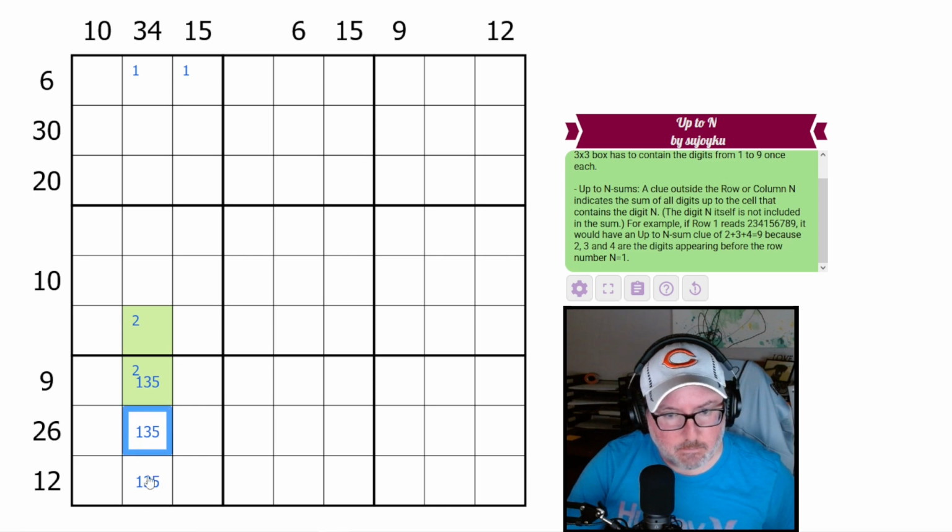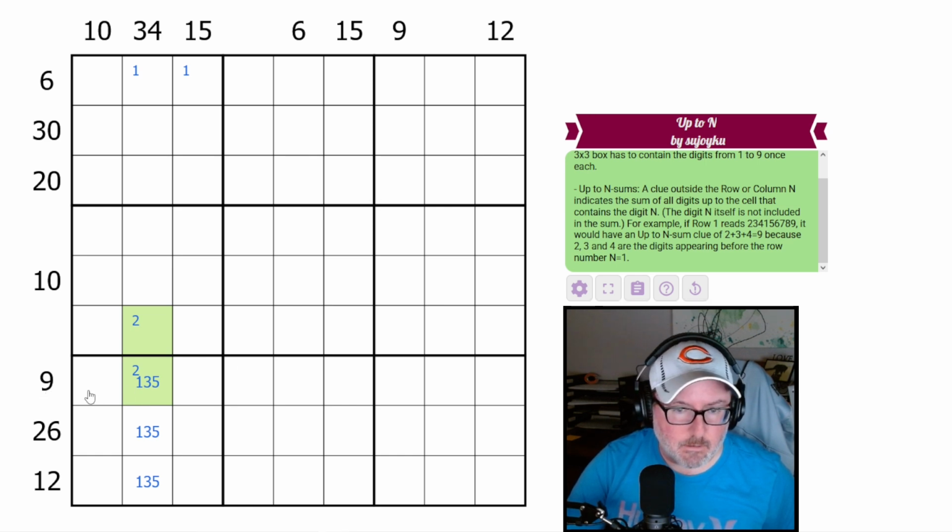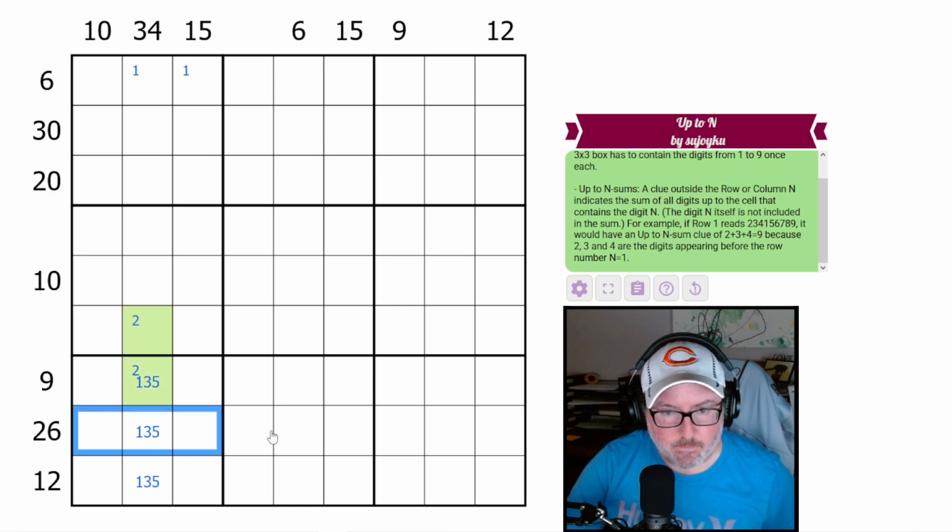But these being possible 1s, 3s, or 5s doesn't really pull any weight across these rule sets. Because this guy here just needs to have certain values until it sees a 7. He has certain values till he sees an 8.